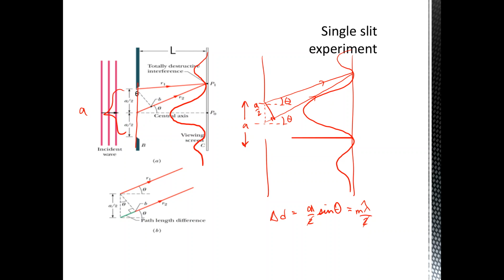And so I end up getting that A sine theta is equal to m lambda for destructive interference. Sorry, I meant A, not D. A sine theta.